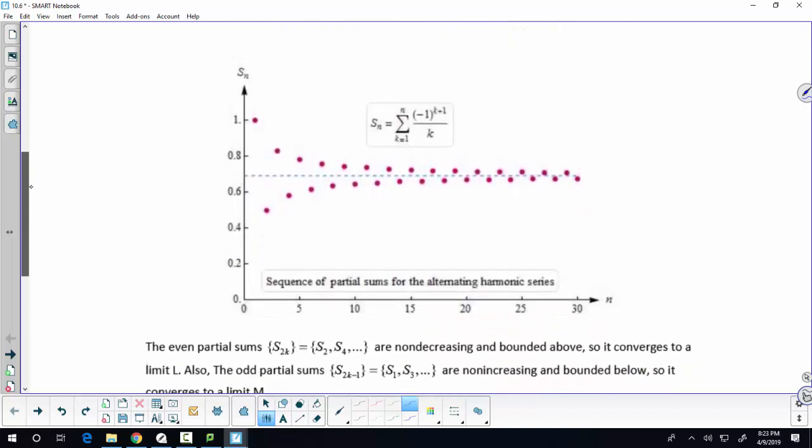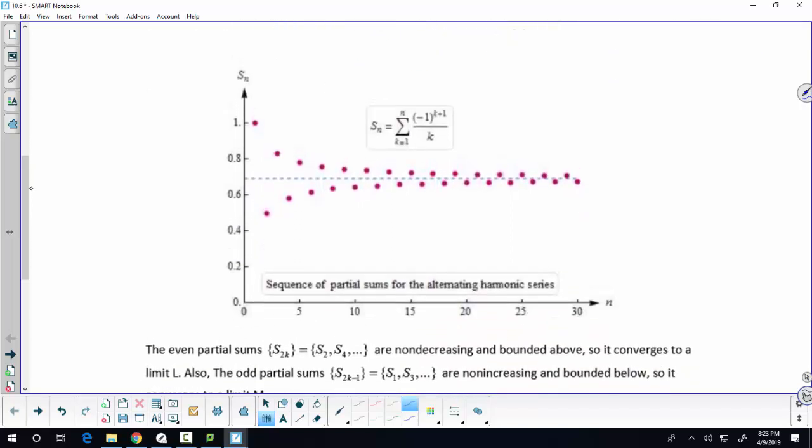This is what we're going to use to justify the reasoning behind the alternating harmonic series. Here's the alternating harmonic series plotted with the sequence plotter. This is the first term, here's our second term, this is our third, this is our fourth, and so on.